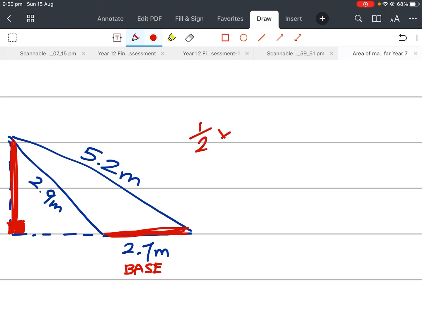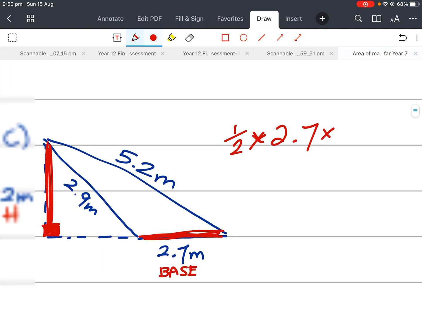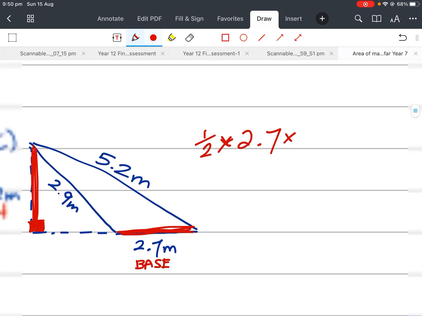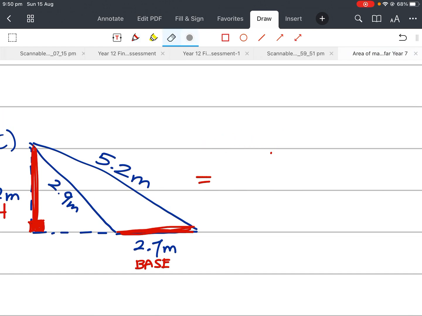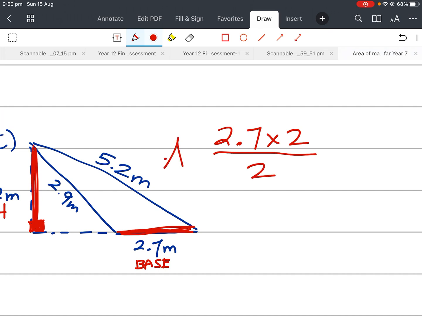Half times the base, 2.7, times the height was 2. Use our calculator. Sorry, I wrote that out differently, didn't I? Normally we've been doing 2.7 times 2 and then divided by 2. Sorry about that. You could have done the other way too if you wanted.